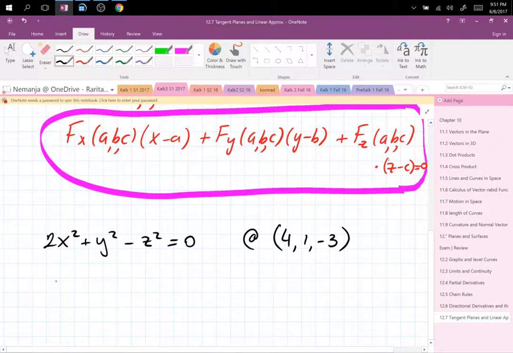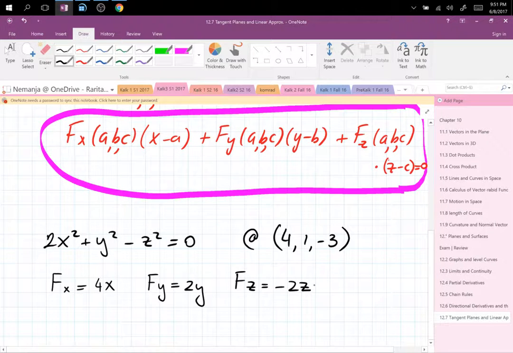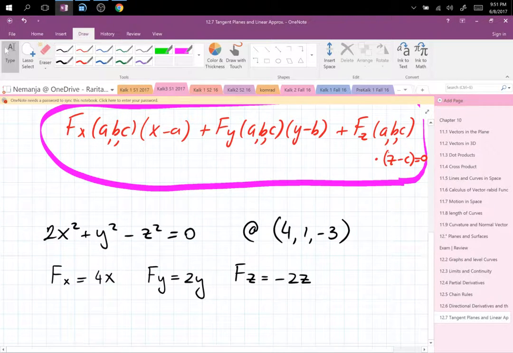So we are going to have our fx as 4x, fy as 2y, and fz as negative 2z. And then we just plug everything in. fx computed at the point is 16, and x minus a is x minus 4. Then we have plus fy, with y equal to 1, so that's 2, times y minus 1.